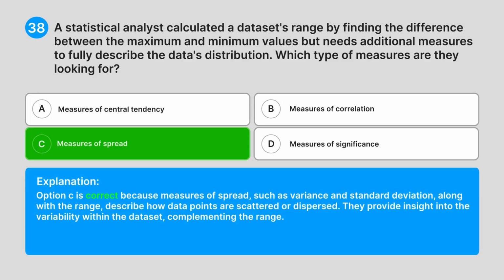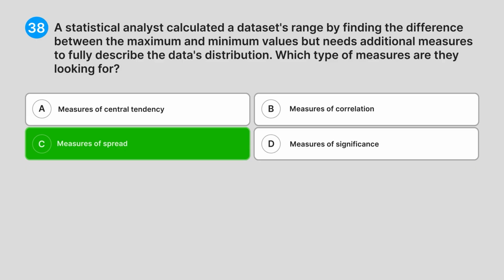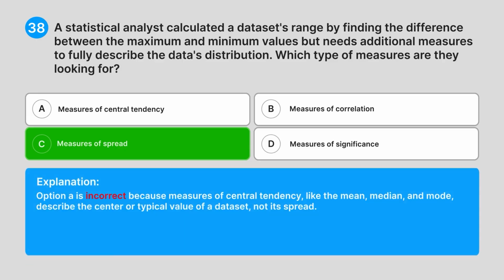Explanation. Option C is correct because measures of spread, such as variance and standard deviation, along with the range, describe how data points are scattered or dispersed. They provide insight into the variability within the dataset, complementing the range. Option A is incorrect because measures of central tendency, like the mean, median, and mode, describe the center or typical value of a dataset, not its spread.